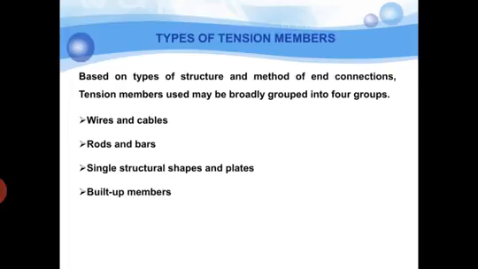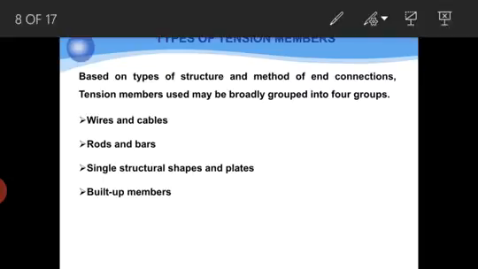Next. So what are the different types of tension members we generally come across in structures? Based on the types of structures and method of end connections, tension members may be broadly grouped into four groups.